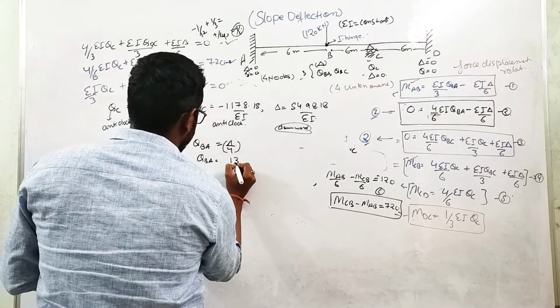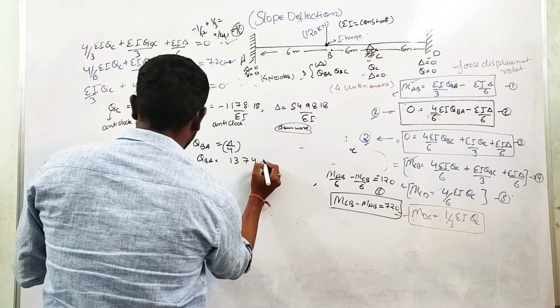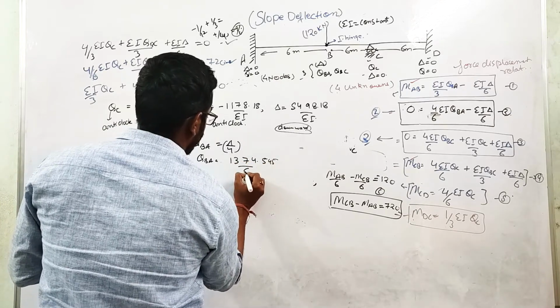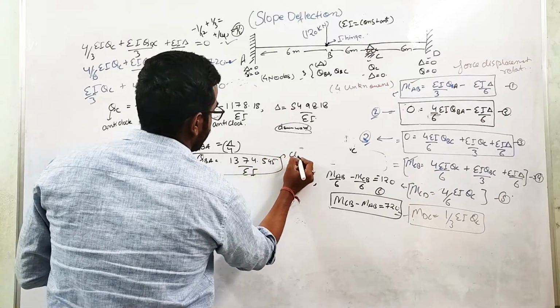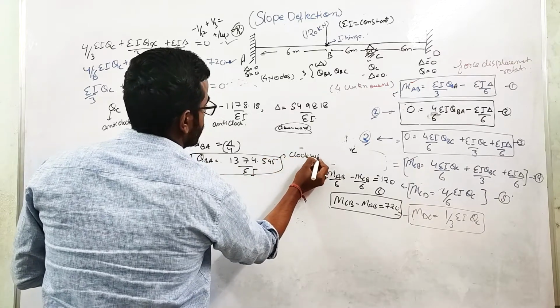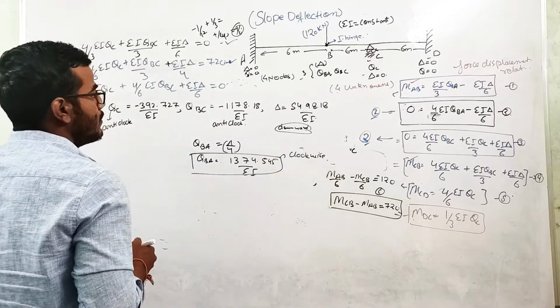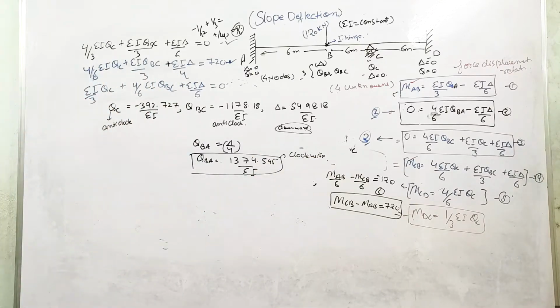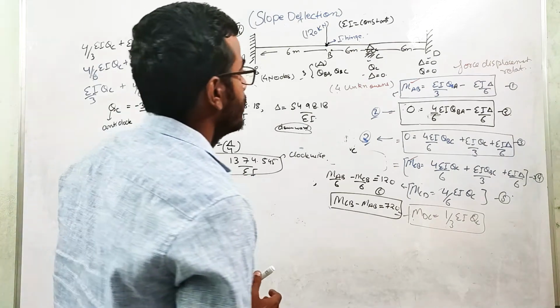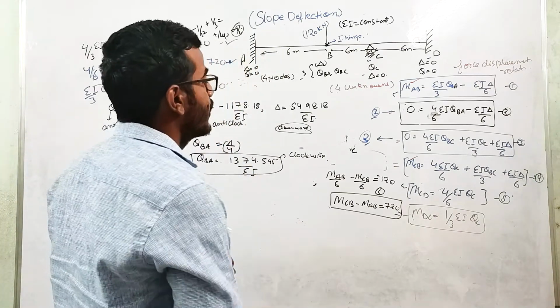This theta BA equals 137.545 over EI, and this is positive basically. This is clockwise. So now you can see that we have found all the displacements corresponding to these node points.